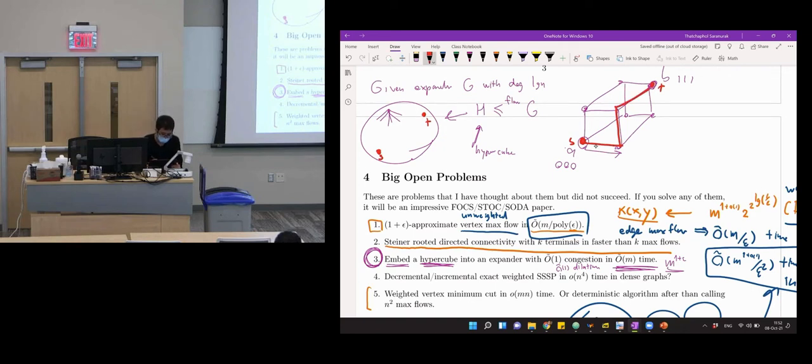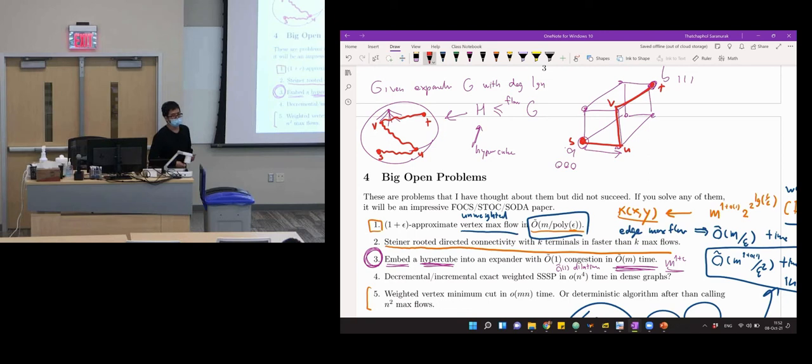Each edge here will correspond to some short path in the graph because the embedding is short. So this is like a short path here, let's say from U to V. So it means that now I can route in the expander in just polylog time.